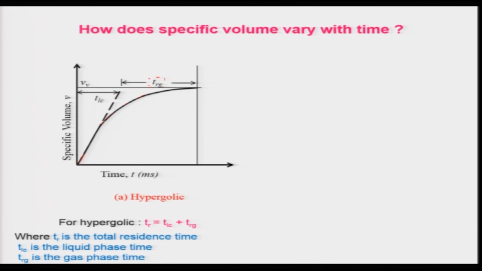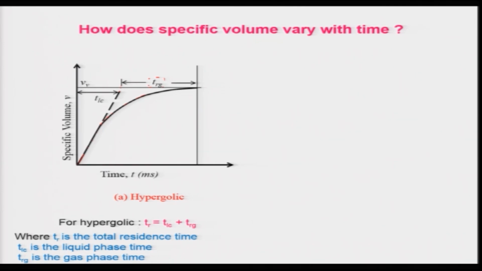Generally, what people do is draw a slope to the initial portion of the reactions, or the initial increase of specific volume, and when it joins this curve, they call that TLC, and the rest is basically the residence time for the gas phase reaction.